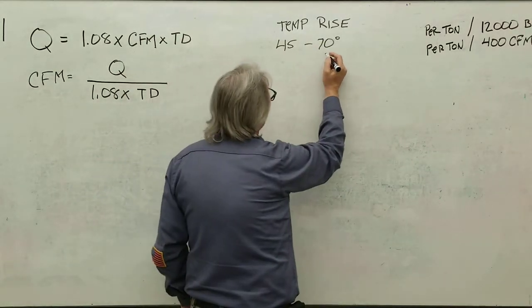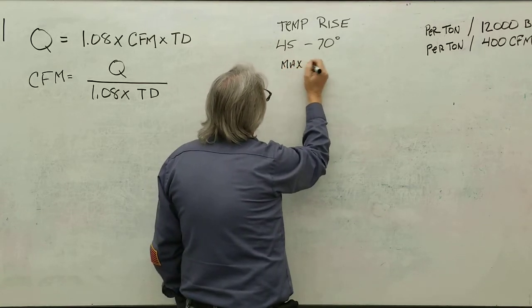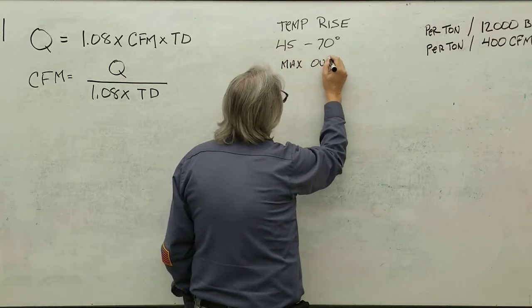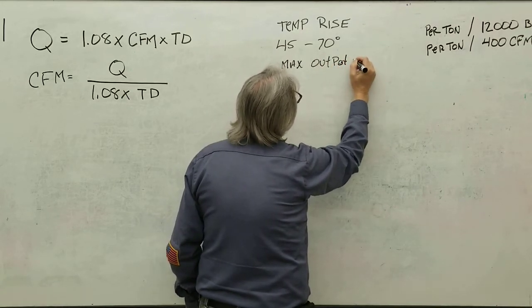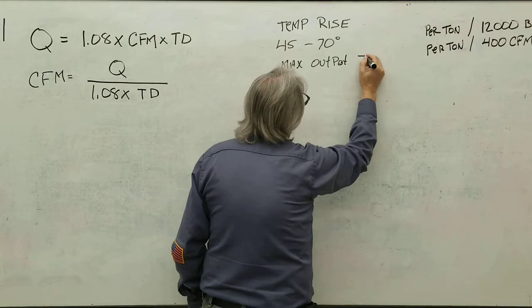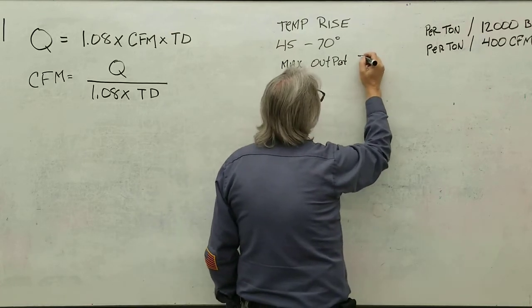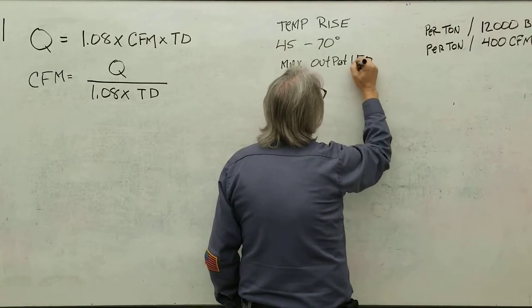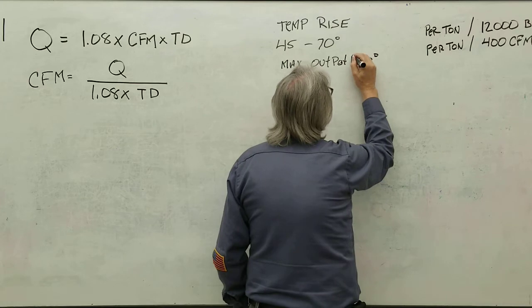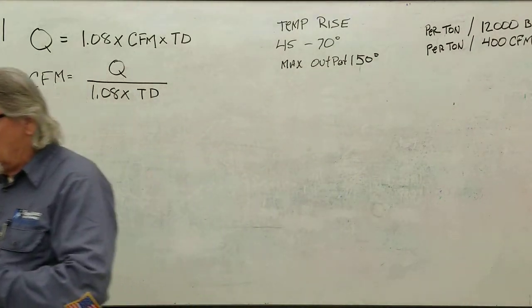Sometimes they'll also say maximum bonnet output, max output. It may say 70, may say 100, I'm going to put 150 degrees. So your maximum is you're going to look at those numbers.